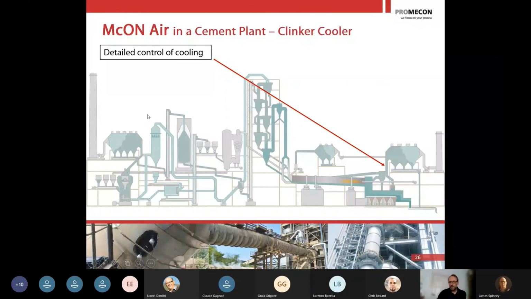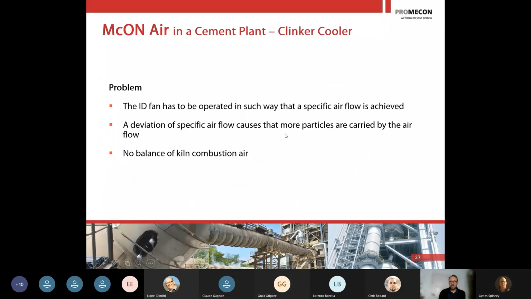The clinker cooler is one other application we equipped with our measurements. For the ID fan, the problem is that they have to be operated in such a way that a specific airflow is achieved. Deviation of the specific airflow causes more particles to be carried out by the airflow, and you have problems with the balance of the kiln and combustion air.